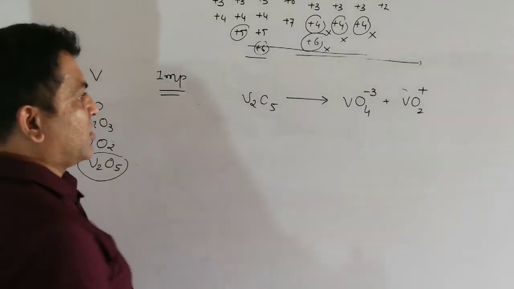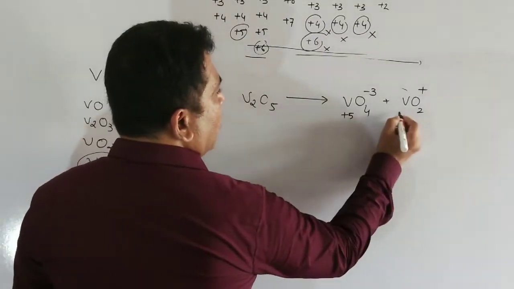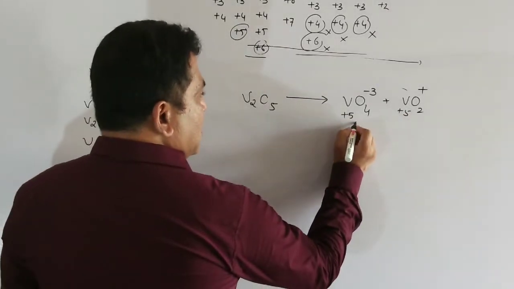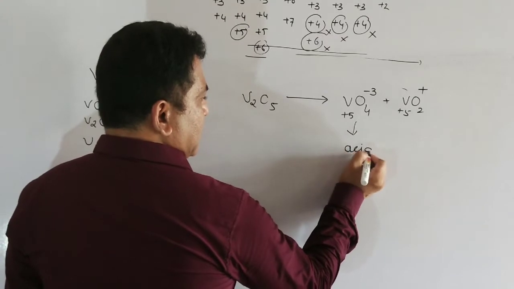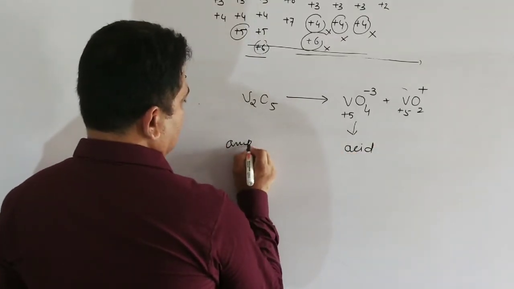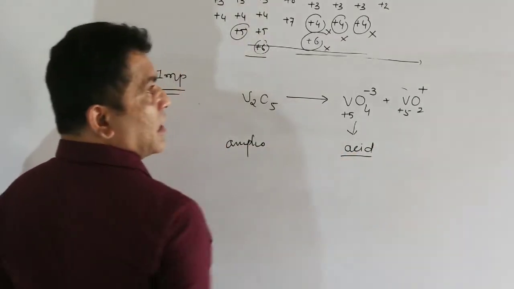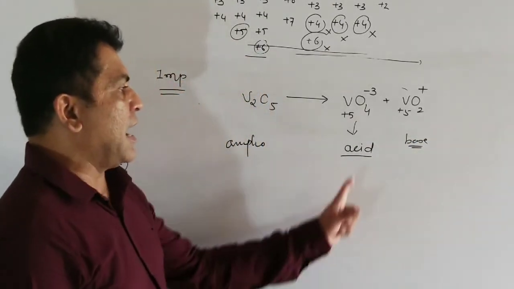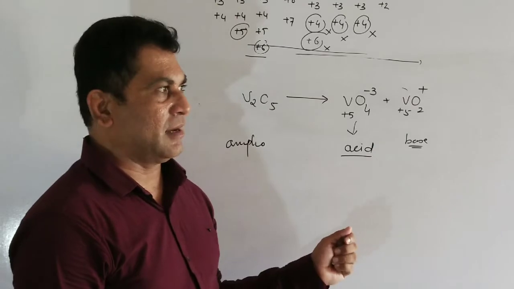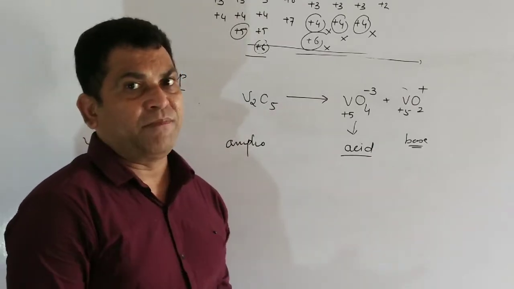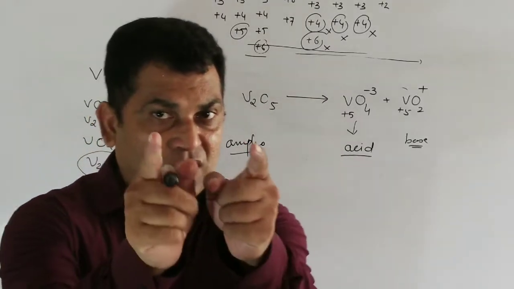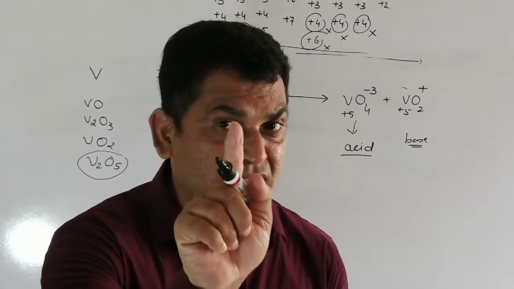Both have a +5 oxidation state. But dear students, this one is behaving as an acid and this one is behaving as a base, and that's why vanadium pentoxide is believed to be an amphoteric material. I hope that you understand this point.